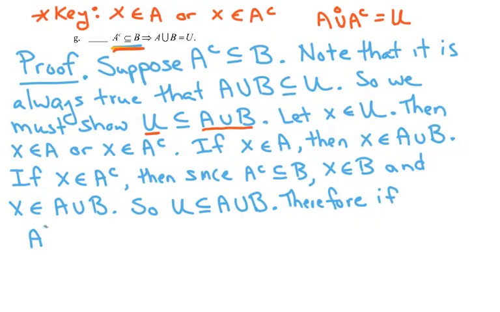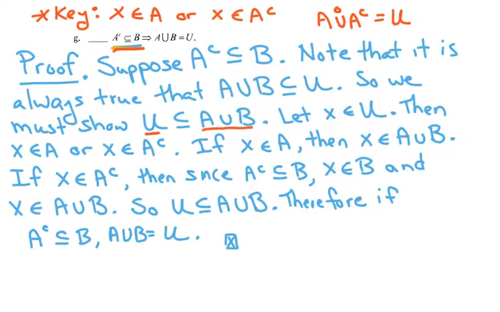So if A complement is a subset of B, A union B equals U. So that was a little different than just a straightforward proving of set equality because we had a conditional statement.